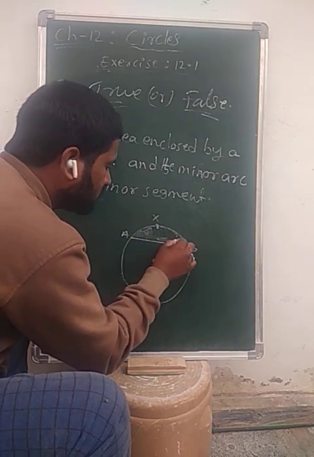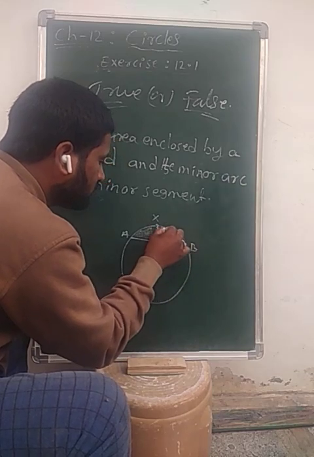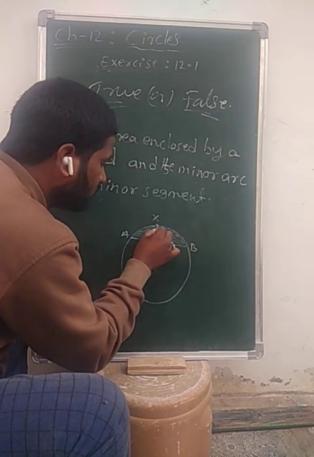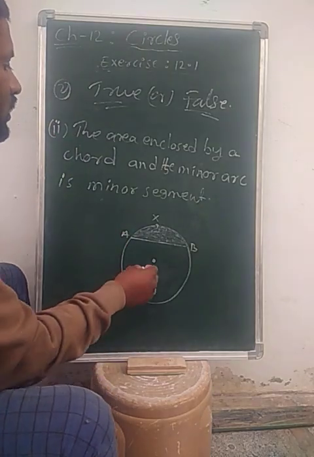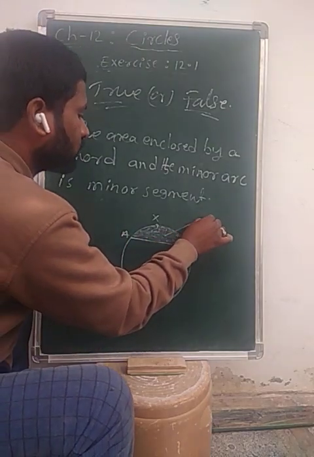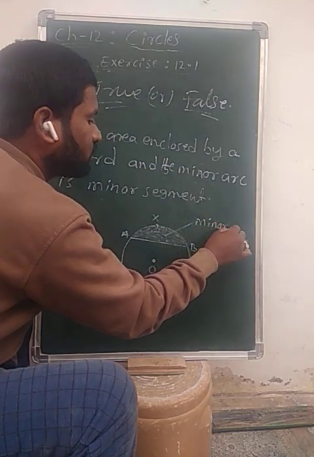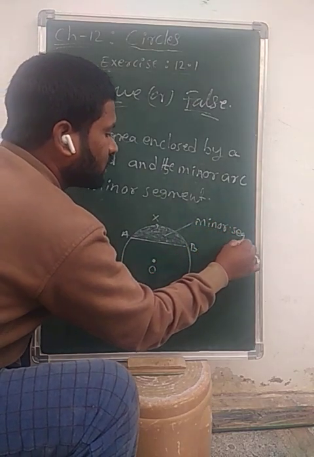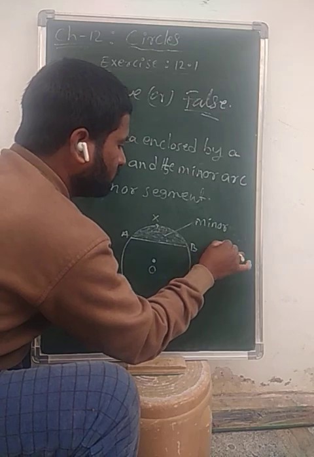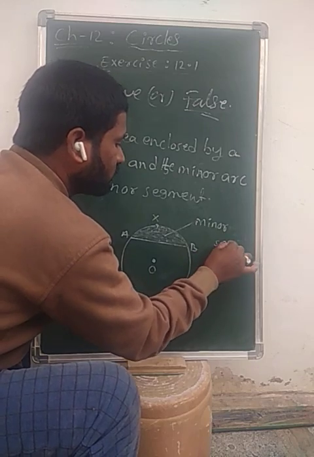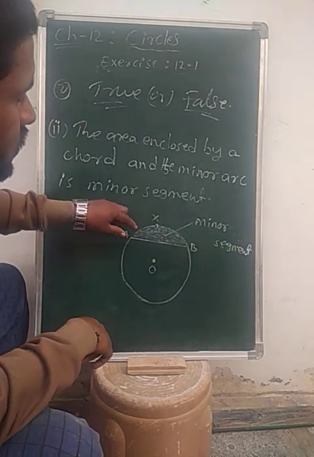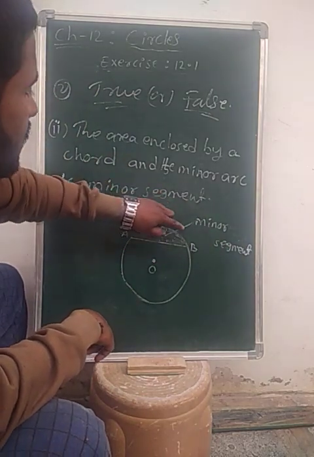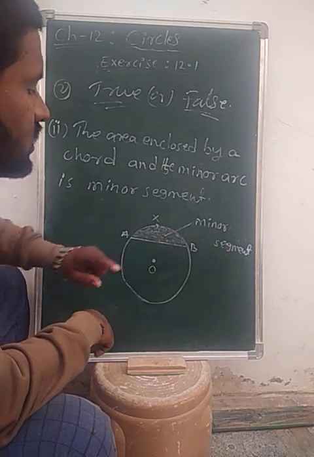You see the shaded part. This is the minor segment. The area enclosed by a minor arc and a chord is the minor segment.